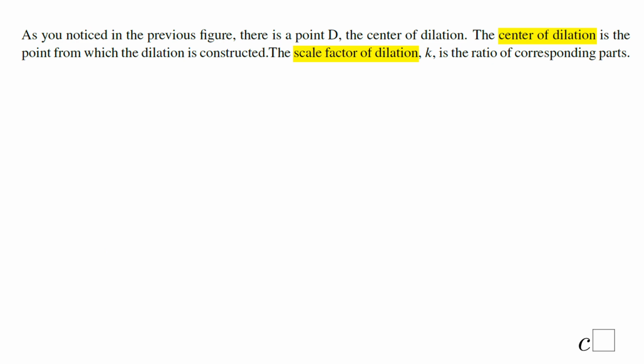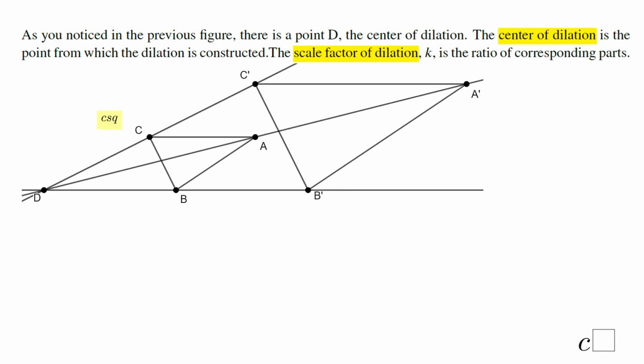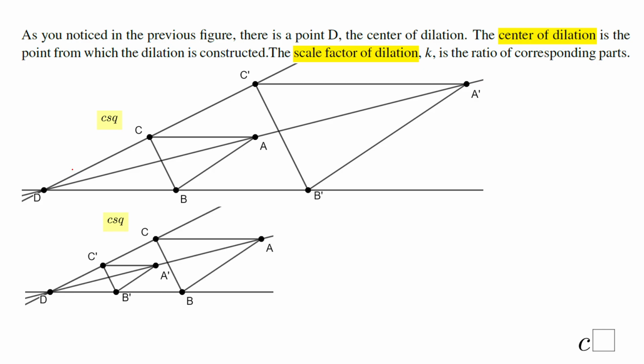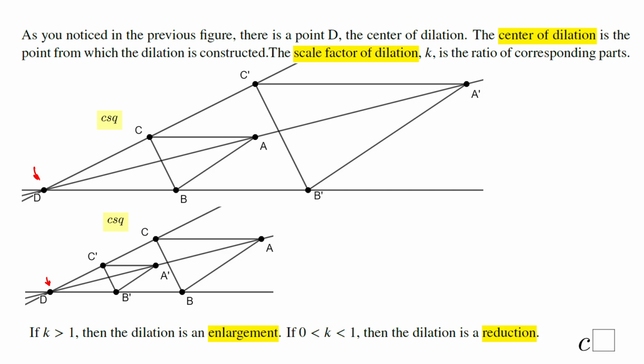As you notice in the previous figures, we have those points D, those are called the center of dilation. And we have what is called a scale factor of dilation, which is greater than 1 if we have an enlargement like this one here.